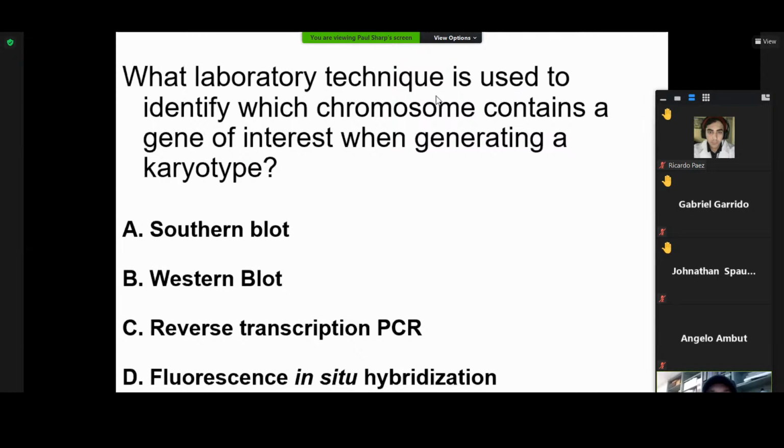This one says, what laboratory technique is used to identify which chromosome contains a gene of interest when generating a karyotype? And you have answer choices A, B, C, D, or E. I want you to put that in chat.